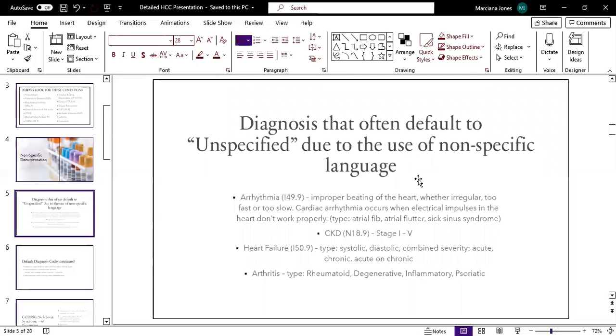So here are diagnoses that often default to unspecified due to it not being specific in the documentation or in the chart. So, arrhythmia, which is going to be I49.9. Arrhythmia is the improper beating of your heart, whether it's irregular, too fast, or too slow.